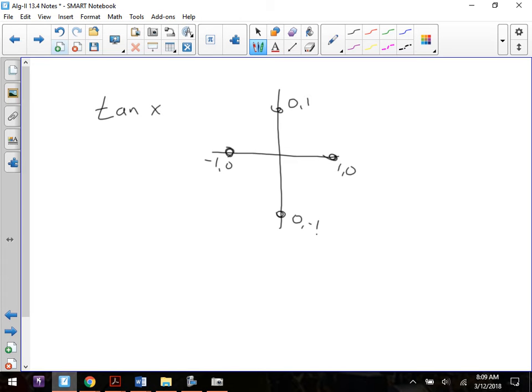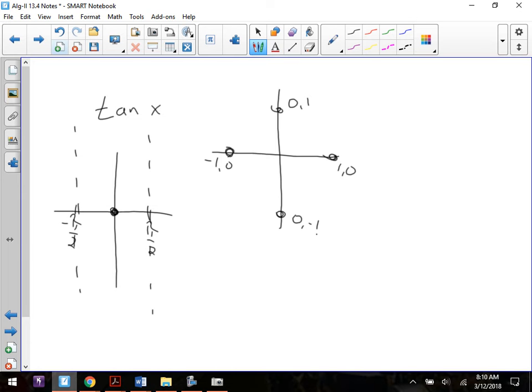Now, if you looked at it graphically, at 0, tangent is 0 because it's y over x, 0 over 1. At pi over 2, tangent would be undefined because there's an asymptote, because it's 1 over 0. Same thing at negative pi over 2.